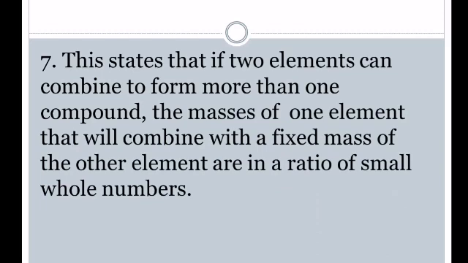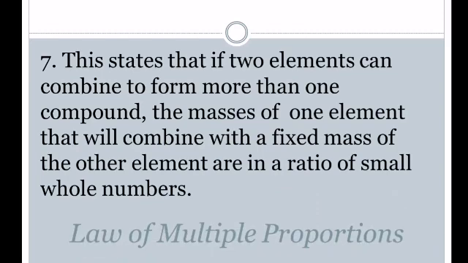Next, this law states that if two elements can combine to form more than one compound, the masses of one element that will combine with a fixed mass of the other element are in a ratio of small whole numbers. What is your answer? Exactly.